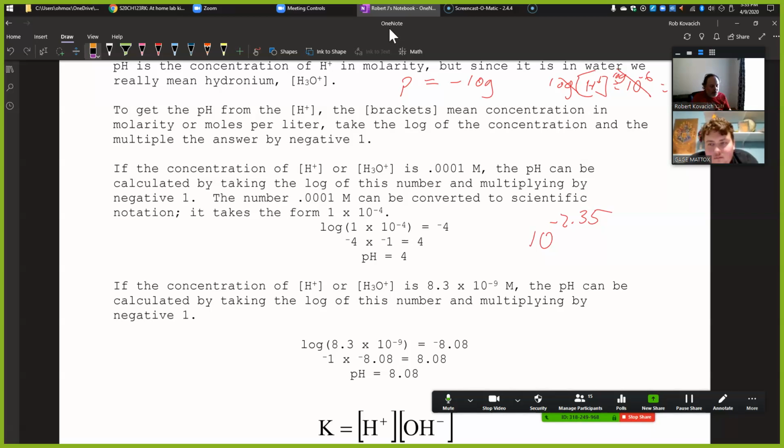Can somebody tell me, if I told you that this was H plus ion concentration, what's the pH of this solution? 2.35. That's it. If you said that this was the concentration I'm supposed to get on my hot tub, people are going to freak out. There's no such thing as negative exponents, and you can't have decimal places with exponents. I've been told that in class. You can't change my mind. I said, how did you get out of Math 95?